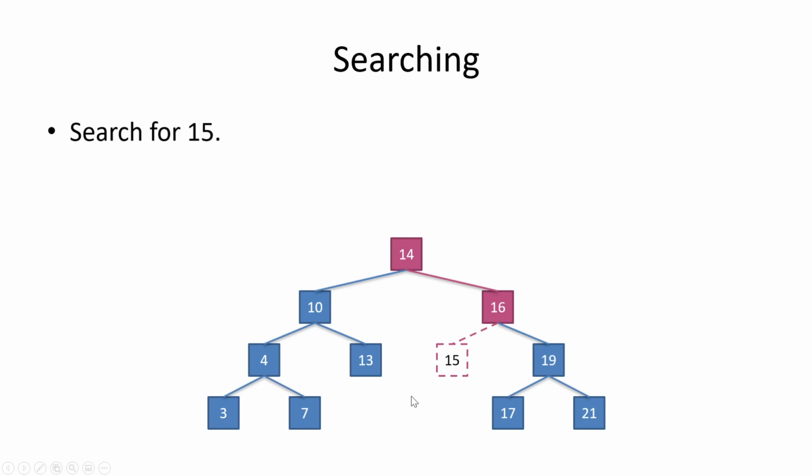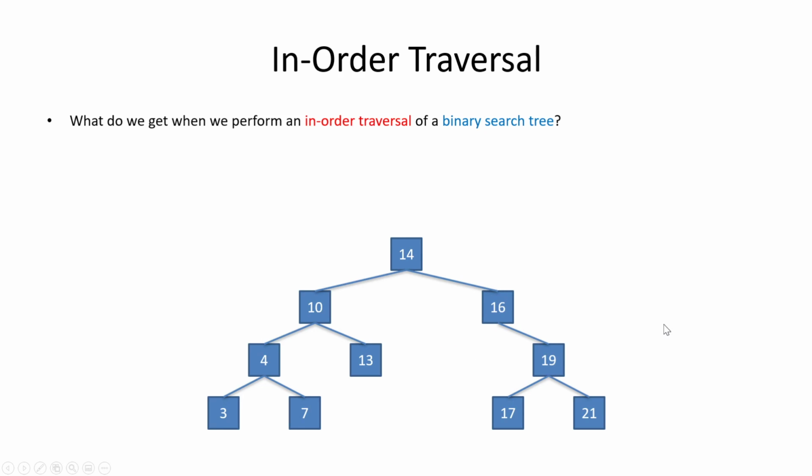We trust that the invariant is true because this is the only position in the tree where 15 would belong. Okay, and verify that for yourself. Because it is greater than 14 and less than 16, this is the only location where it would belong. All right, that also sort of hints to us what we're going to do if we want to add a new element into our tree.